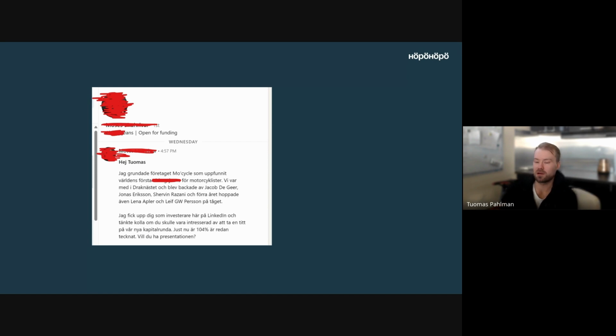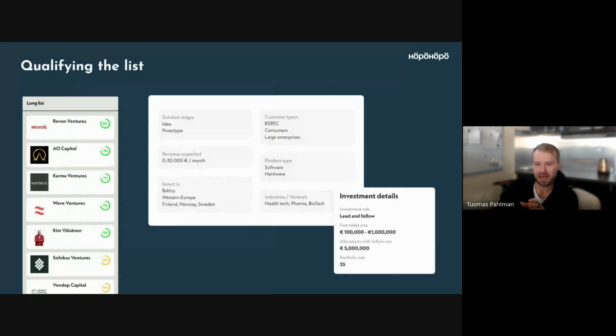Most of the VCs, and I'm not sure there is any VC who would do documentation or legal papers in Finnish in Finland, so most of the legals will be done in English in any case. But yeah, that's just an example of why you do the research and what to check here.